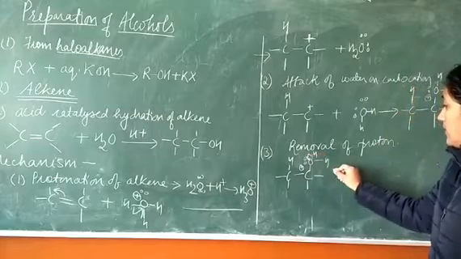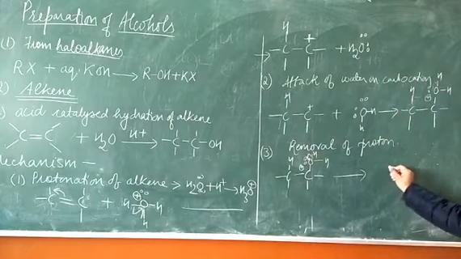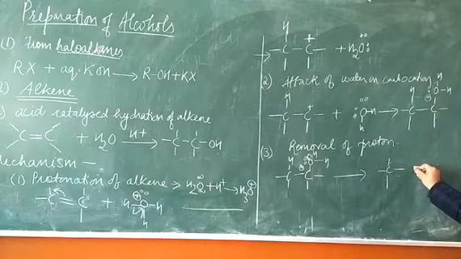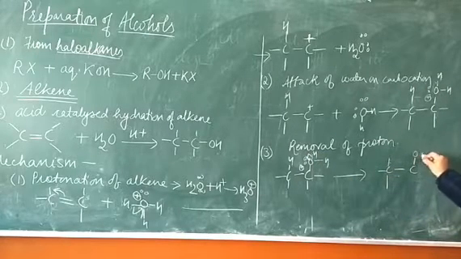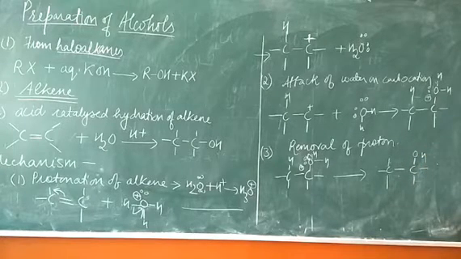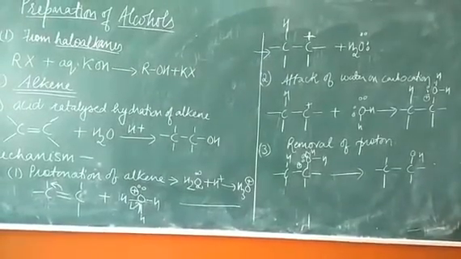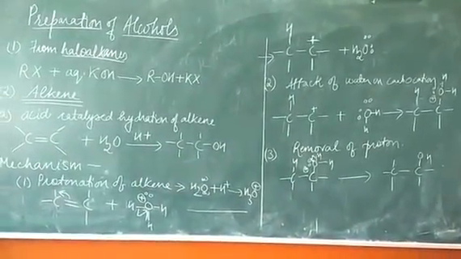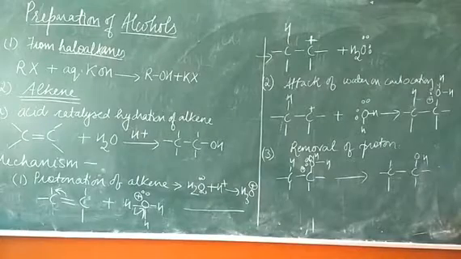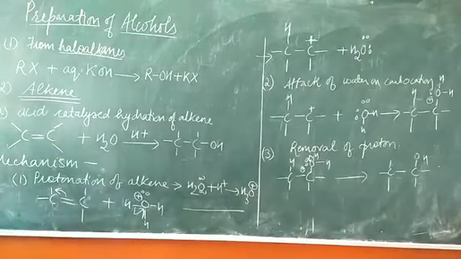So any one of the OH bonds will break, there will be removal of the hydrogen ion, a proton, and the OH group will get linked to the carbon atom. Right? So we will obtain alcohol from the alkene.